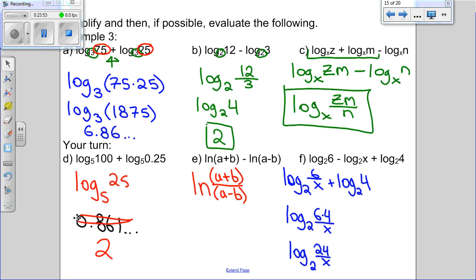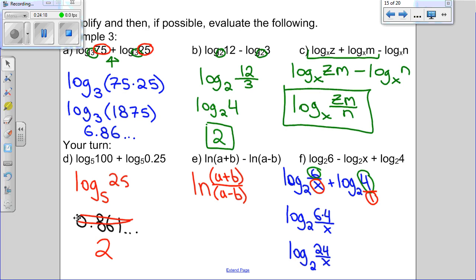So the 6 and the 4 multiply. And then you can multiply the denominator straight across. The denominators in this case are x, and then there's a divide by 1. But that's why the x doesn't change. It just stays as x on the bottom. So all you have to do is multiply the numerators across the top. 6 times 4 was 24. So then we had log 2 of 24 divided by x.